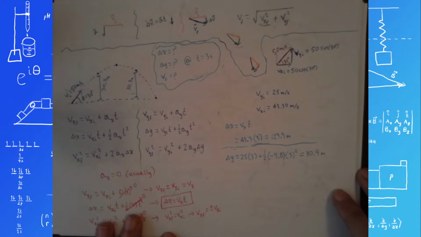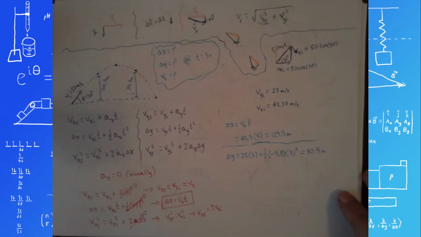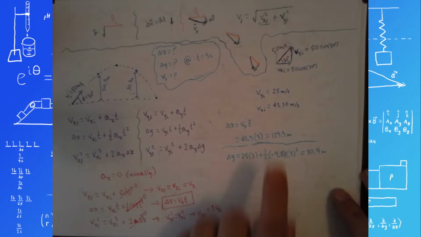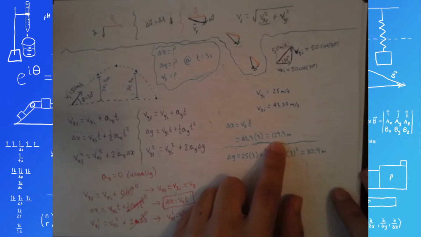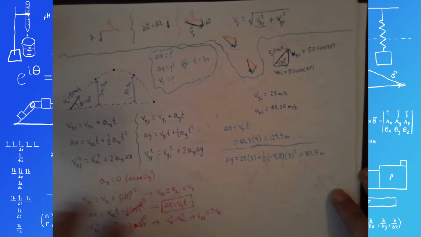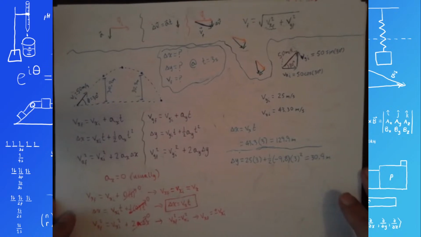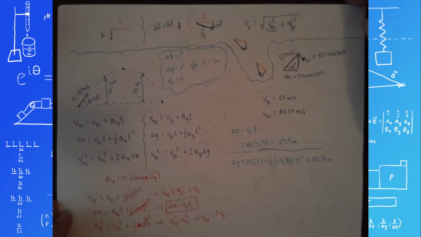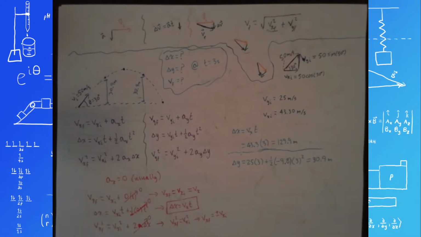Similarly, if I said the horizontal halfway point is, I don't know, 150 meters, then we would see that this is less than that, and we would know that we're on the way up. So, second method is figure out what your horizontal change in position would be once the object reaches its maximum height.